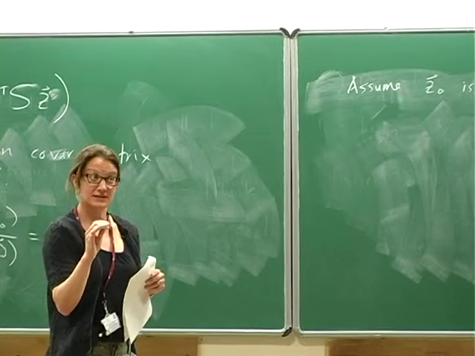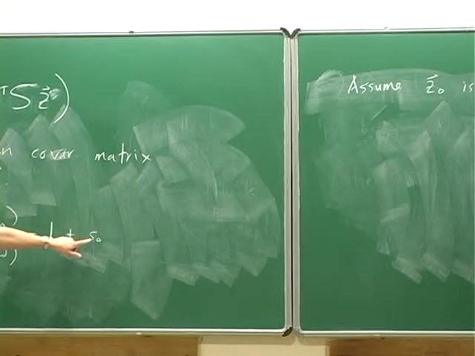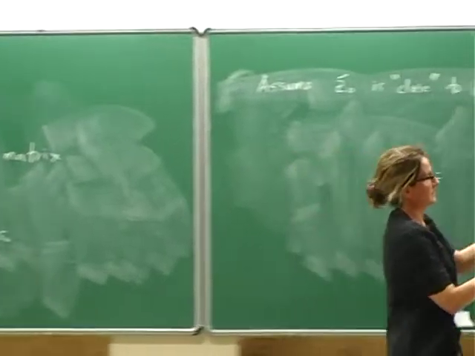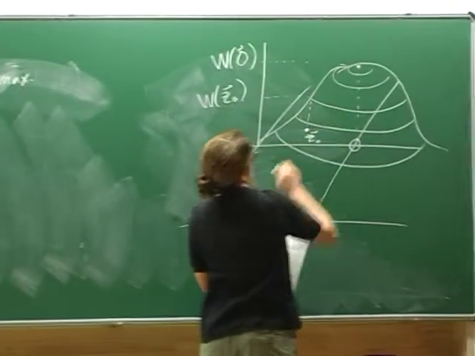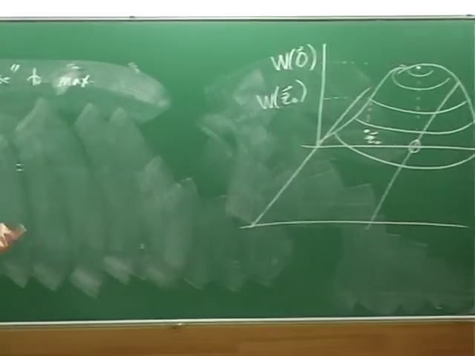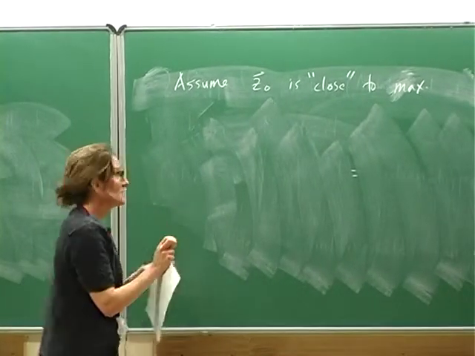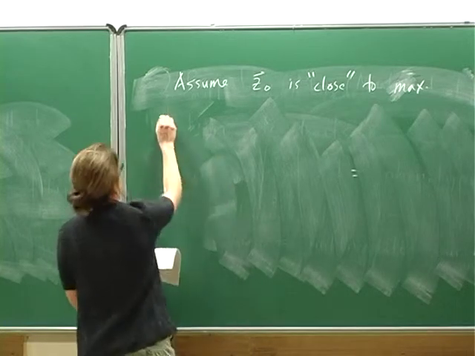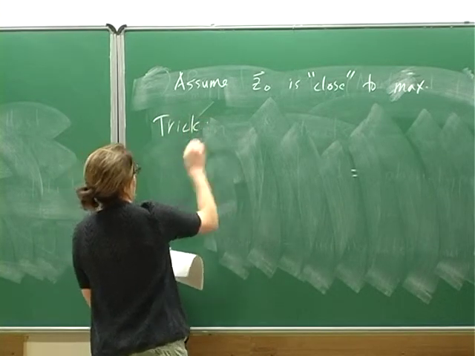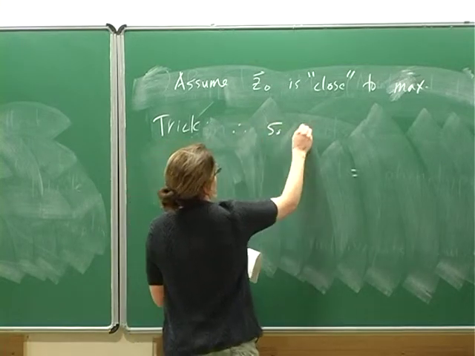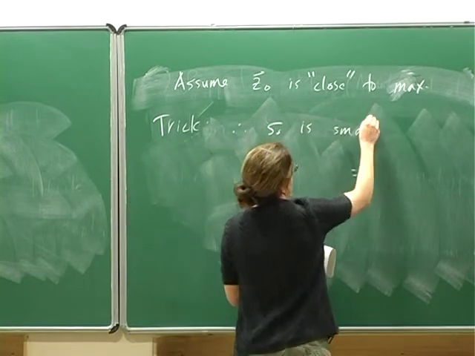Okay. And what this does is allow us to assume that S is small. The relevant S's that are going to happen, if this were an adaptive walk, are all going to be fairly small. This is a really key assumption that Martin makes. And the reason he makes it is to do this trick. I think it's a trick. So therefore, S0 is small.